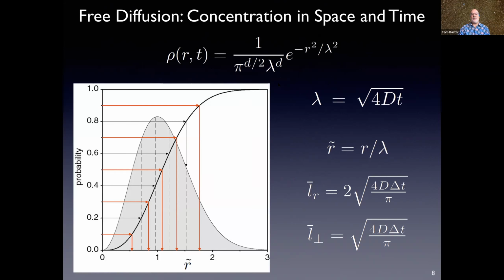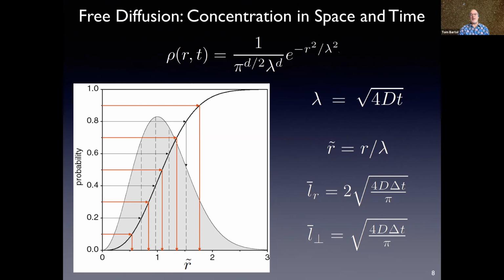And if we generalize the solution to this in d dimensions, in little d dimensions, where you can just fill in 1 for one-dimensional diffusion, 2 for two-dimensional diffusion, or 3 for three-dimensional diffusion, you get this generalized equation for describing that density in radius and time.